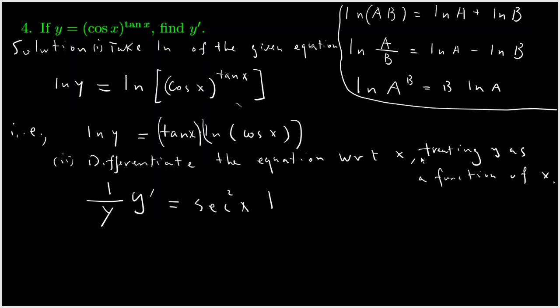And then times the second factor, and then plus the first factor, tan of x, and then times the derivative of the second factor, for which you have to use the chain rule.